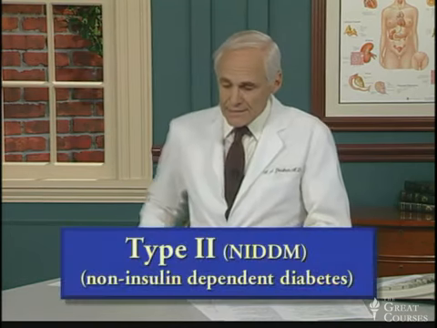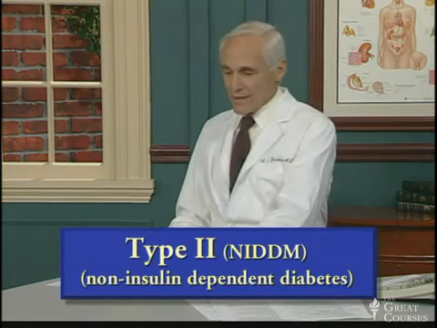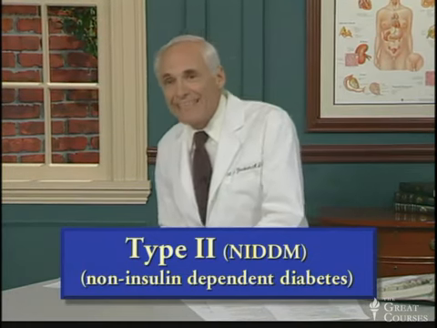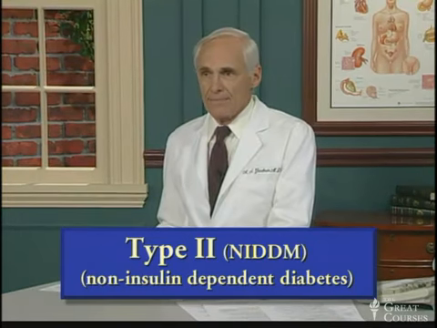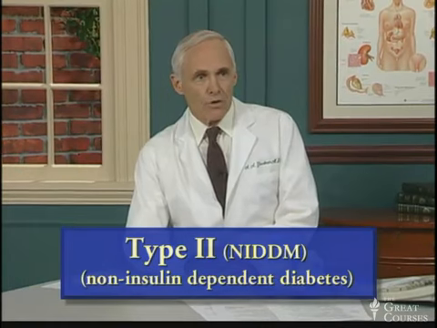Type 2 diabetes is non-insulin dependent diabetes mellitus, NIDDM, and it's also known as maturity onset diabetes. This one accounts for about 90% of the cases, more or less. These patients tend to be more than 40 years old. Many are obese. It's a much milder form than type 1, much less brittle, and much easier to control.